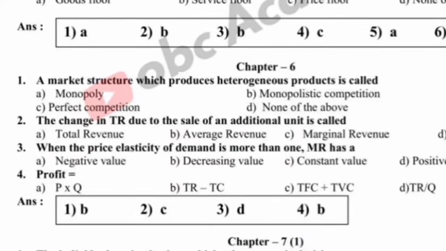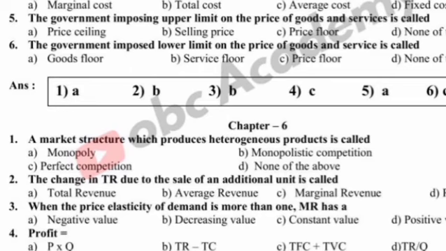Chapter 6. A market structure which produces heterogeneous product is called option A, monopoly; option B, monopolistic competition; C, perfect competition; D, none of the above.